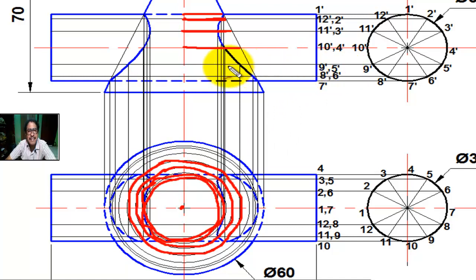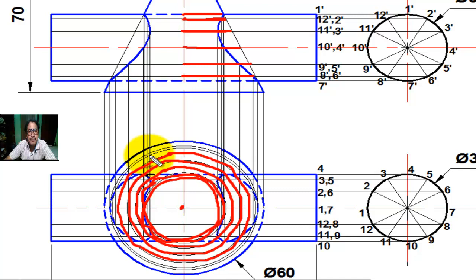This is 9 dash and 5 dash. With this radius we draw a circle on top view. This is 8 dash and 6 dash.